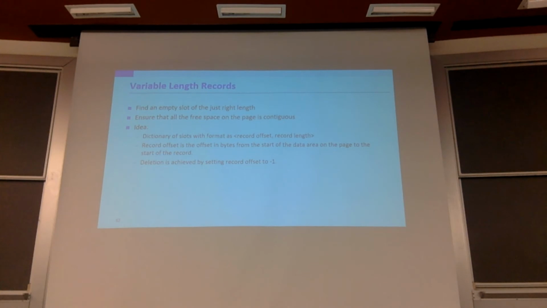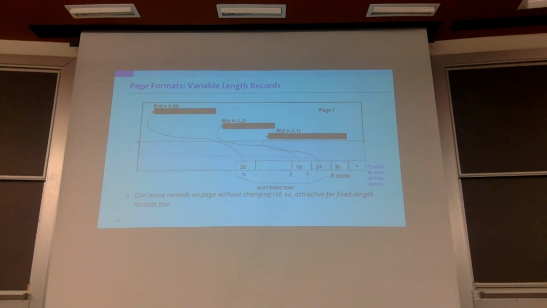So if you want to store things more compactly, you need to have some sort of directory of these slots. That's a slot array. It's the same idea as the second alternative of the variable length record. So you are going to have this slot directory, or slot array, here. You can choose to have a pointer to the start of the free space.